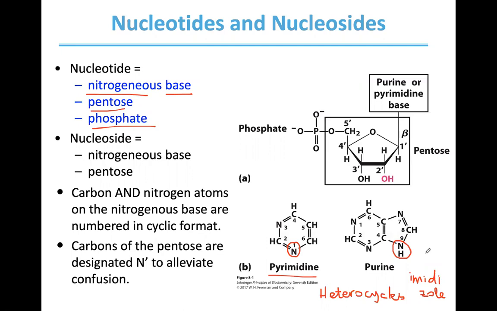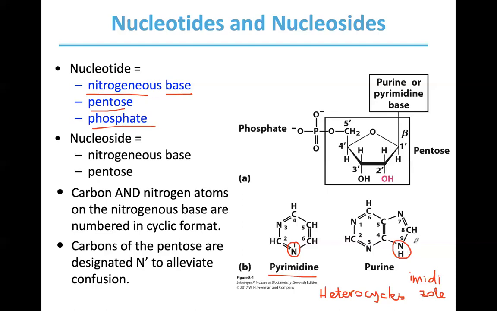So what I also want you to understand is that in general, they're called nitrogenous bases. Why are they called nitrogenous bases? Well, they will have obviously NHs, so that they can serve as hydrogen bond donors.